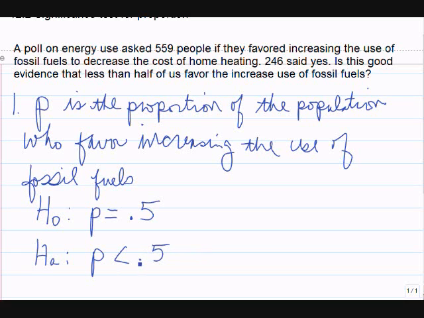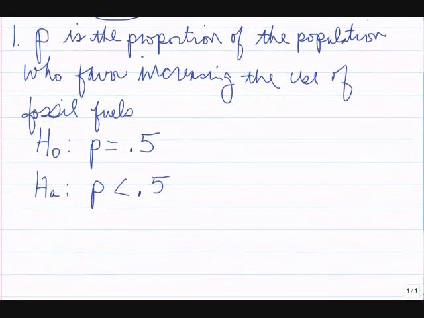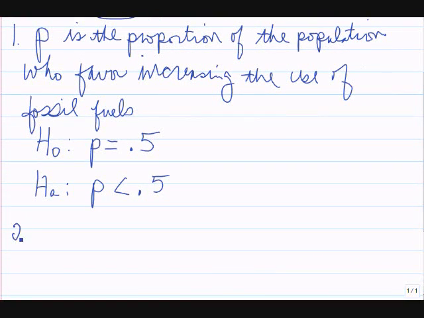Less than half gave us that 0.5. So sometimes the proportions are kind of buried, and sometimes they're not. Step 2 is to name the test. This is a significance test, not for a population mean this time, but for a population proportion.